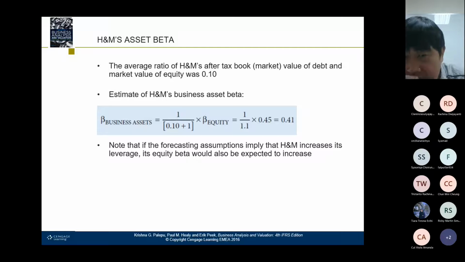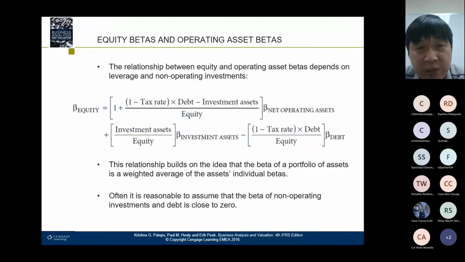Note that if the forecasting assumptions imply that HMN increases its leverage, its equity beta will also be expected to increase. The relationship between equity and operating asset betas depends on leverage and non-operating investments.